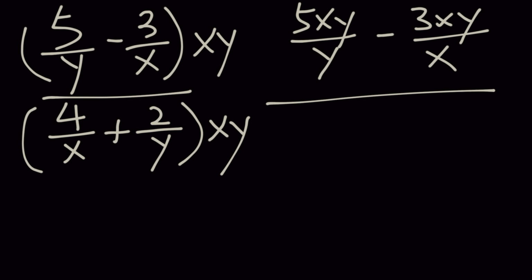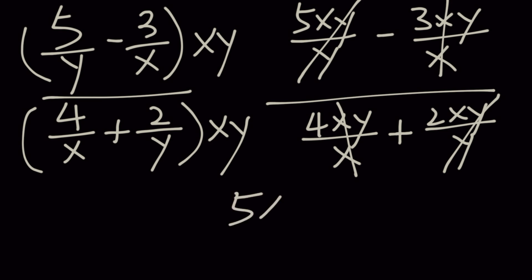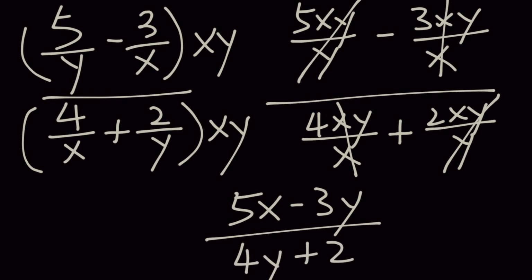For the denominator, we will have 4xy over x plus 2xy over y. So we can cross this out, cross that out, cross this out, and cross that out. Then we will have 5x minus 3y over 4y plus 2x. And that's our answer.